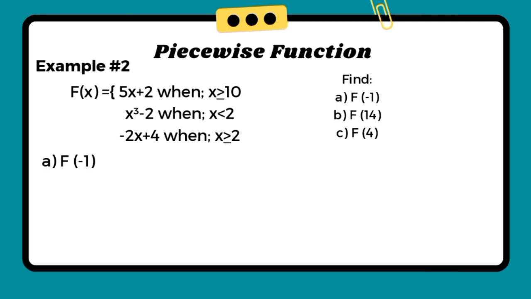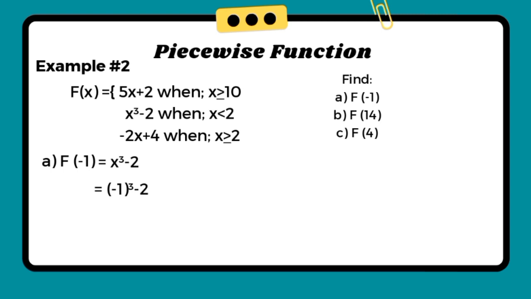So we write x cubed minus 2, because that is where it belongs. Then we substitute the value of x: negative 1 cubed minus 2.